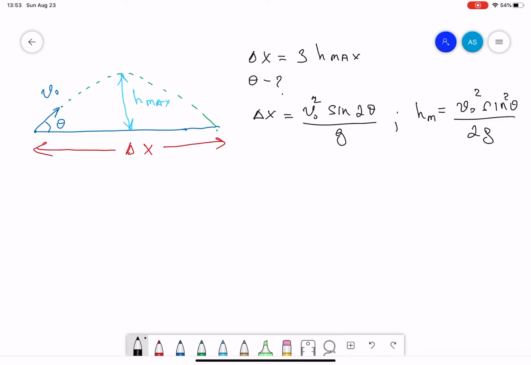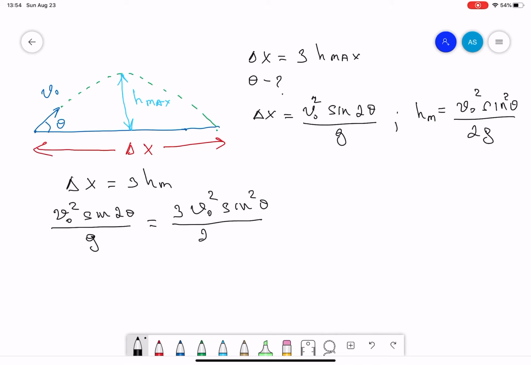Right, now let's plug delta x and h max into the condition. The condition was that delta x is equal to 3 times h max, so we can say that v initial squared sine 2 theta divided by g is equal to 3 times v initial squared sine squared theta divided by 2g.